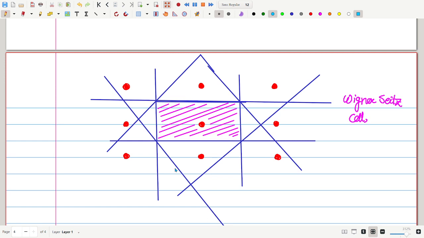It's a rectangular array of points, and we are constructing a Wigner-Seitz cell. The best way to construct it is to draw perpendicular bisectors to see which points are closer to the central point, the point in consideration, and then enclose the area. So the pink shaded area is the Wigner-Seitz cell. It will be tiling together to give us the whole array.